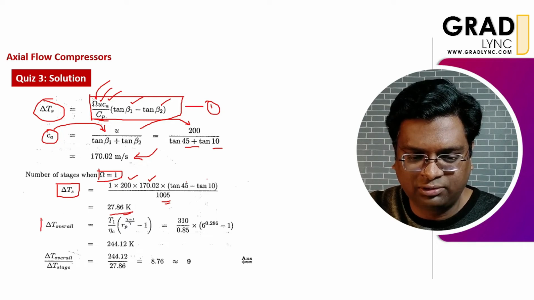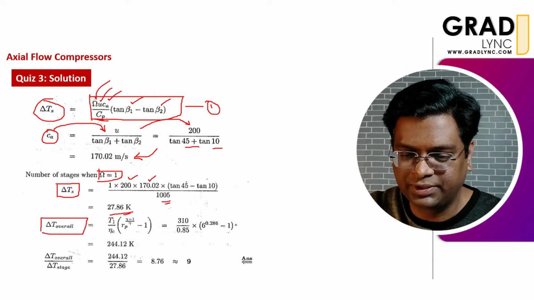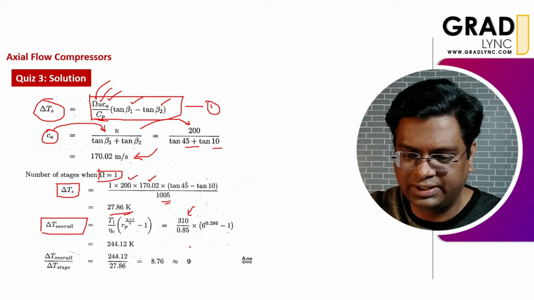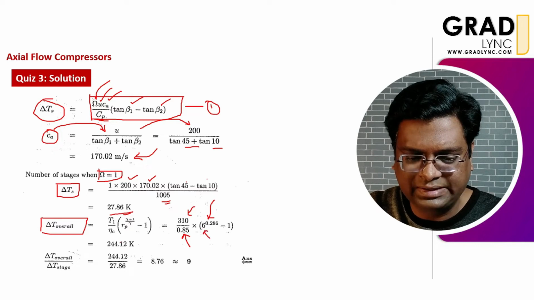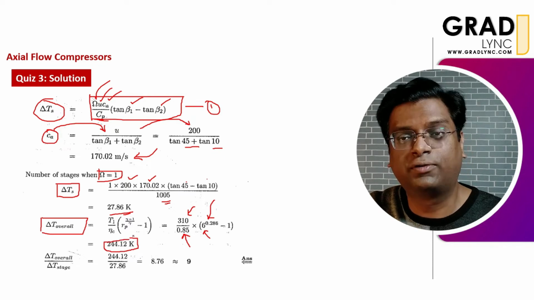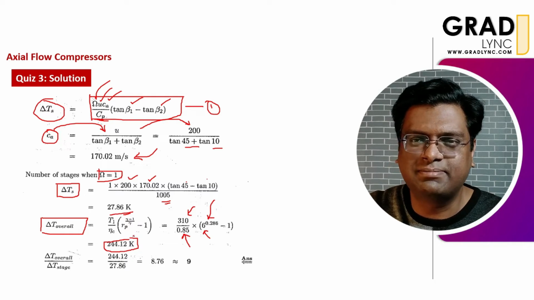Now we will calculate the overall temperature rise with the help of the isentropic efficiency equation, just substituting the values of the inlet temperature, the isentropic compressor efficiency, and the gamma and the compression ratio as 6. I get the value of overall temperature change as 244.1 Kelvin. Now this is a very simple method.